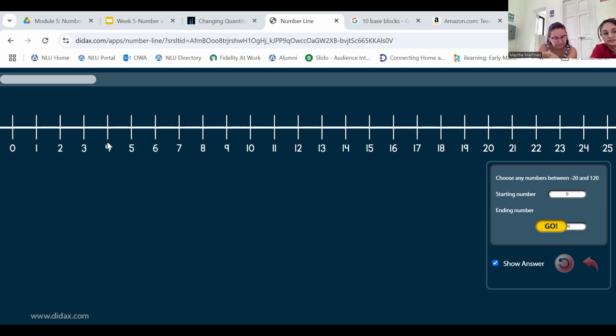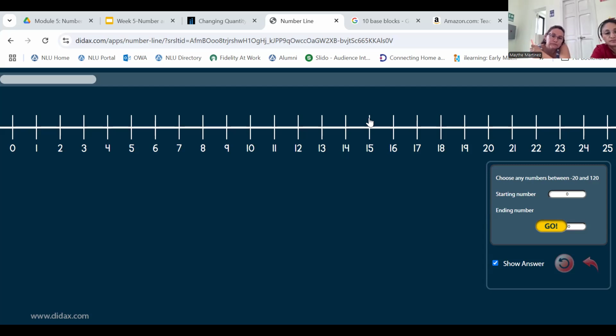If they ask what is 10 plus 5, they can make a jump from 0 to 10, so they see that 10 is big, and then make another jump adding 5. They can do 1, 2, 3, 4, 5, and this is 15.